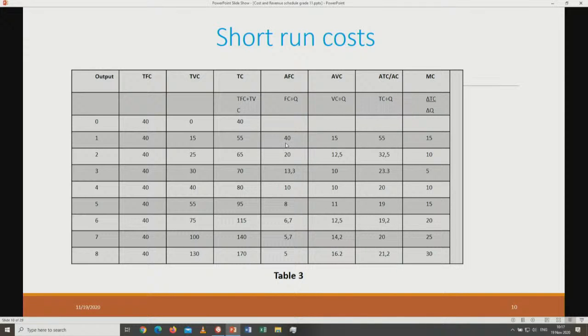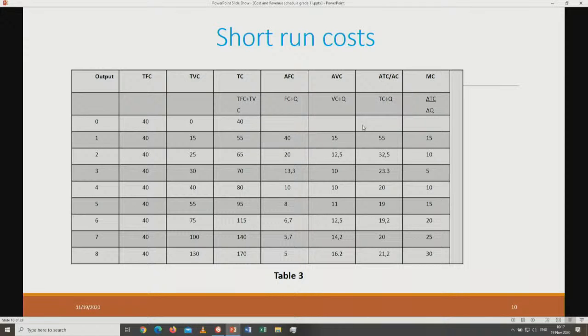We can add 40 and 15 at quantity 1 to give us average total cost. That's one way of calculating it. Another way is to look at the total cost and divide it by output. Let's look at when we are producing the first item. The total cost is 55 there.